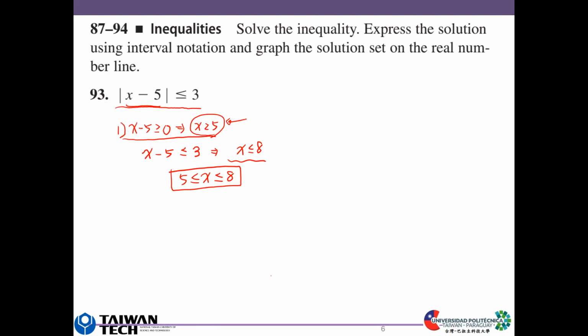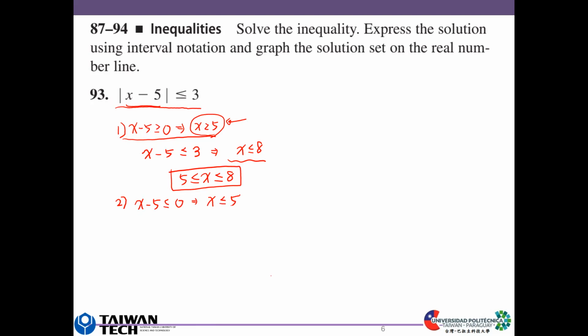Okay, and second, we assume what is inside this absolute operator is negative. So we have x minus 5 less than 0, which means x is less than 5.